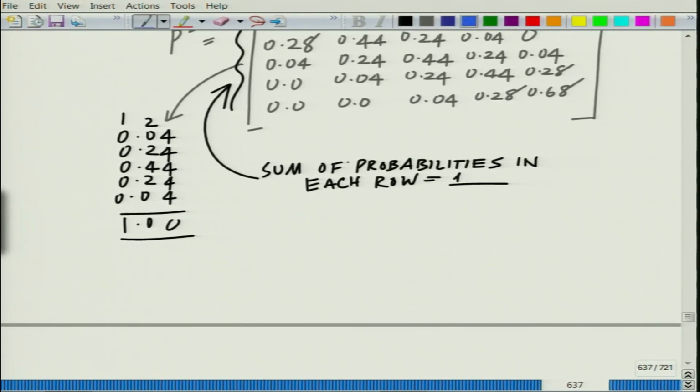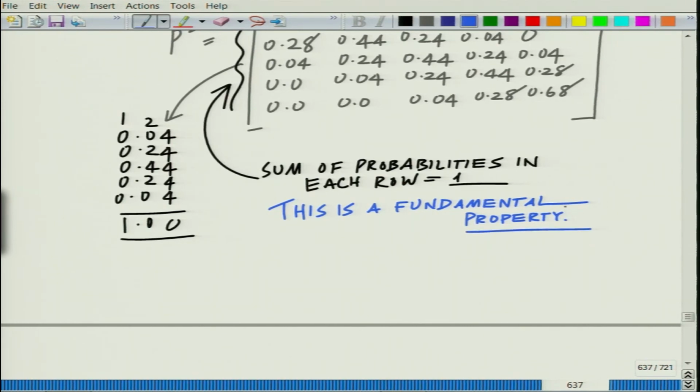This is a fundamental property. Okay, it would serve you well to remember that this is a fundamental property which always holds.